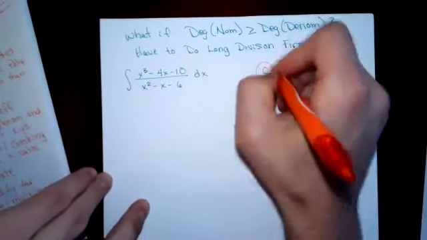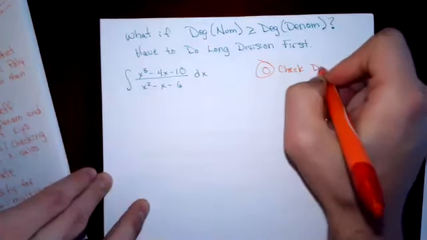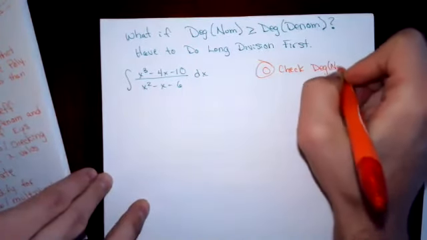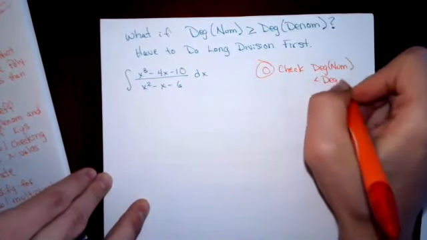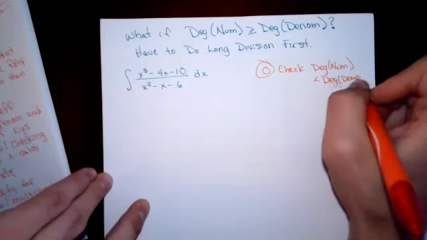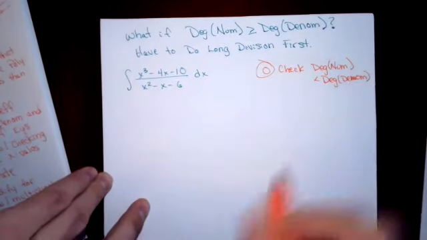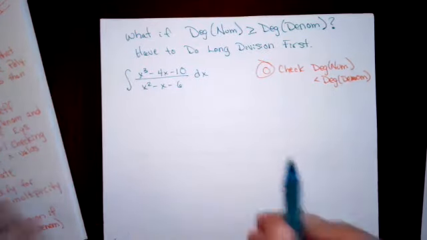What would come before step 1 is to check that the degree of the numerator is less than the degree of the denominator. If it is, go ahead and do the problems like we have been. If not, we have to add this step before doing the partial fractions.